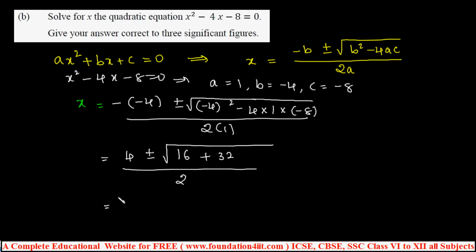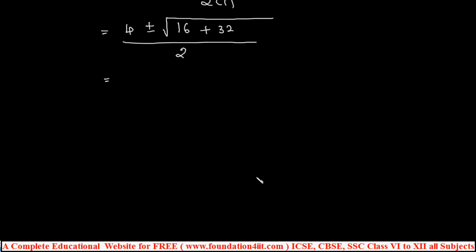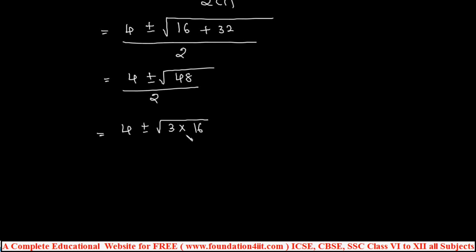Let us simplify this to find out the values. Yes, now 4 plus or minus 32 plus 16 is 48, divided by 2. 4 plus or minus root 48. 48 is not a perfect square, and we can write 3 into 16. 3 into 16 is 48, right?